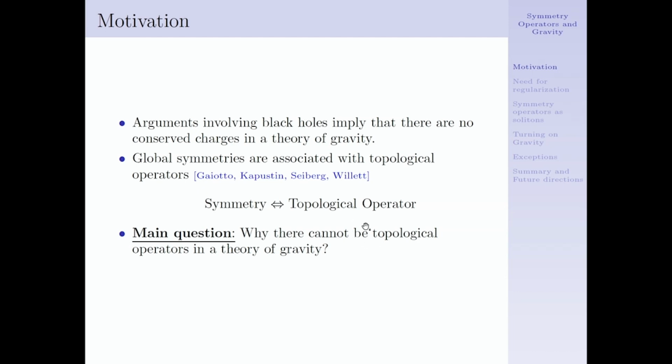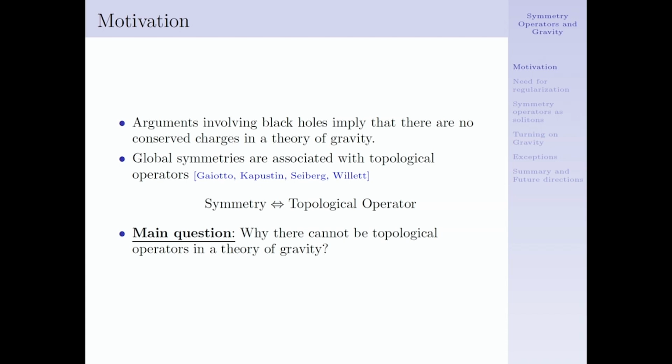Here, let me make a few comments. I understand that in a full-fledged theory of gravity, we expect to have some kind of sum over topologies. So it wouldn't make sense to talk about a topological operator. But in this talk, we're going to take a step back, be very pedestrian, and ask whether topological operators can exist in perturbative gravity, and more precisely, we're going to consider small fluctuations around the flat background.